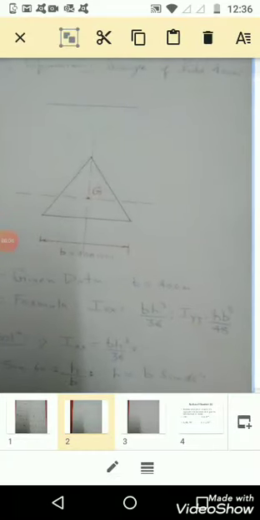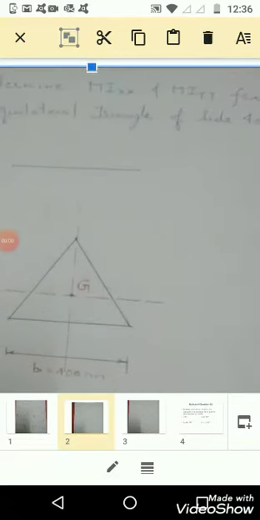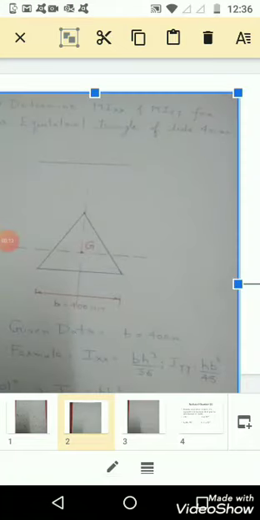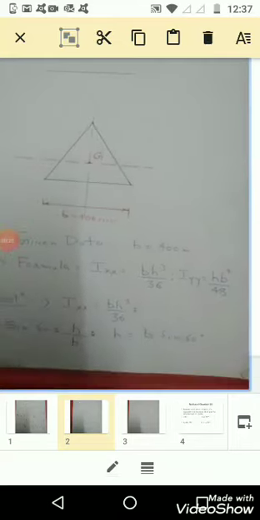The next problem is: determine moment of inertia for an equilateral triangle of side 400 mm. Equilateral triangle, 3 sides equal, b is equal to 400. Formula: Ixx is equal to bh cube divided by 36. Iyy is equal to hb cube by 36.